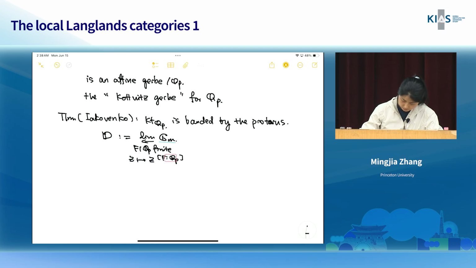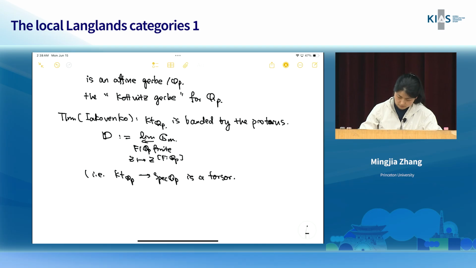And so since this band is abelian, one can also understand the statement that this is a gerbe over Q_p as simply saying that this is a torsor for the fpqc topology under the classifying stack for D.